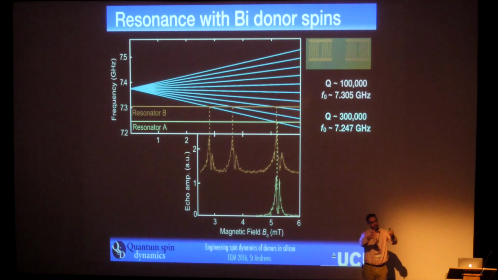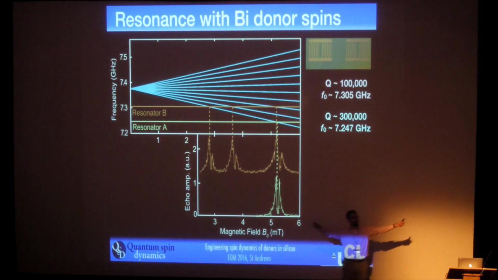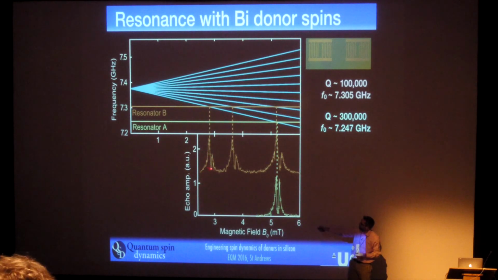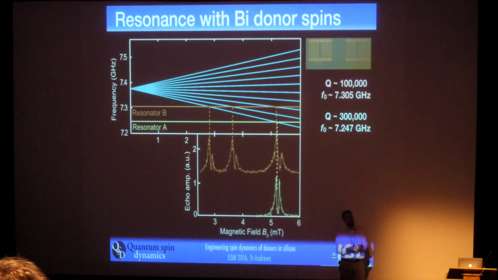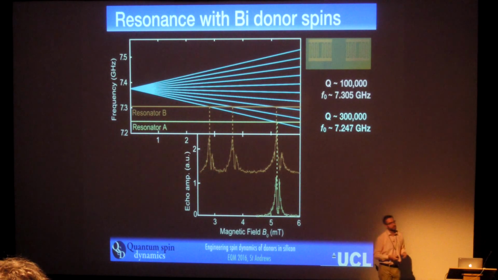Because of the compression in the aluminium, the spins directly underneath the wire are in silicon under compressive strain, and the ones outside the wire are under tensile strain. The center of where we expect the bismuth transition frequencies is around here, so one of these peaks is coming from the compressive strain, and one of them is coming from the tensile strain caused by the thermal expansion coefficients. Thank you very much.